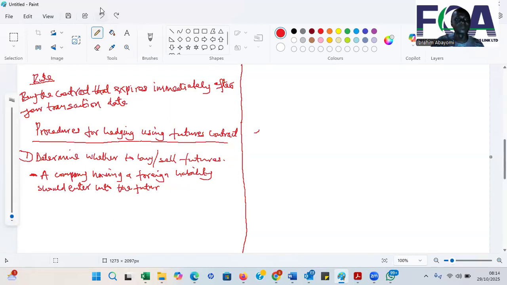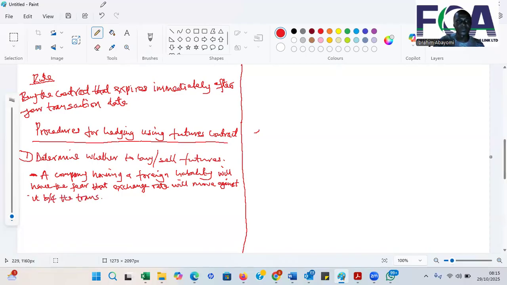Okay, let me put it in better perspective. A company having a foreign liability will have the fear that exchange rates will move against it before the transaction date.